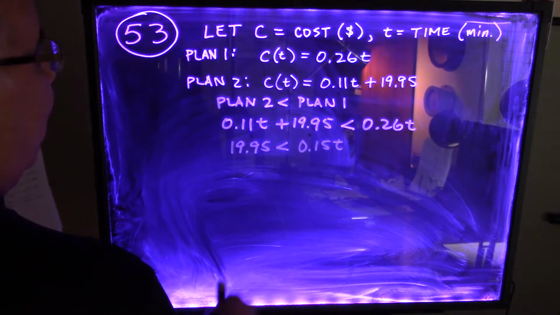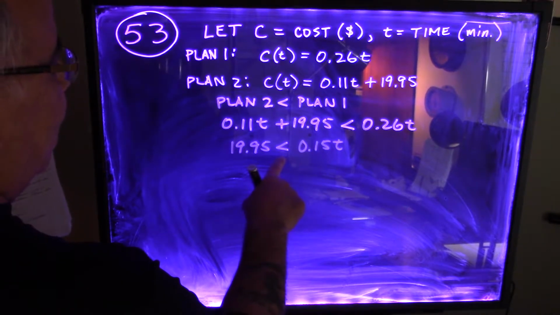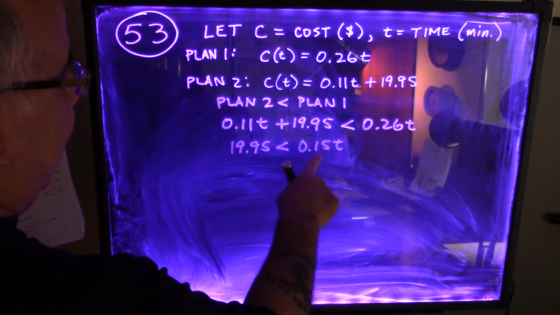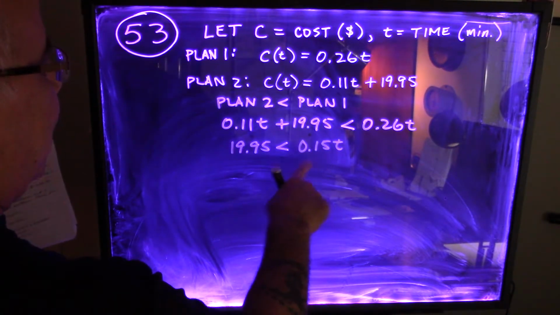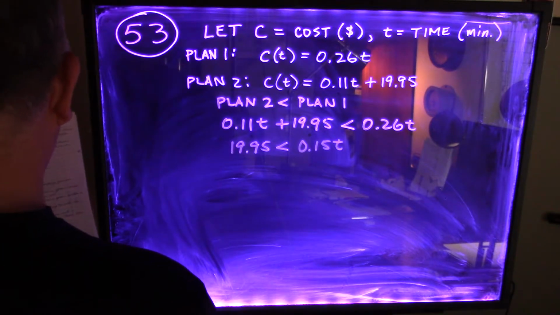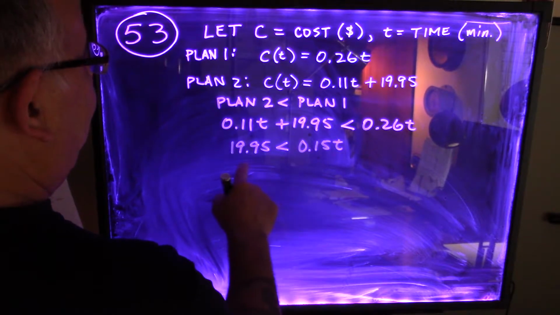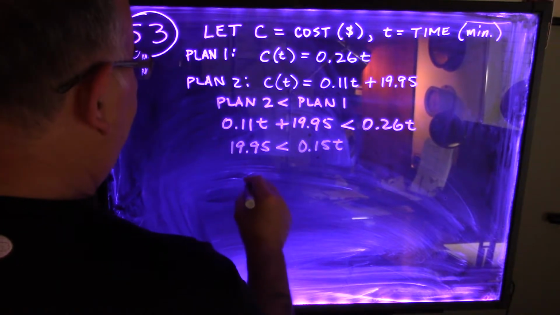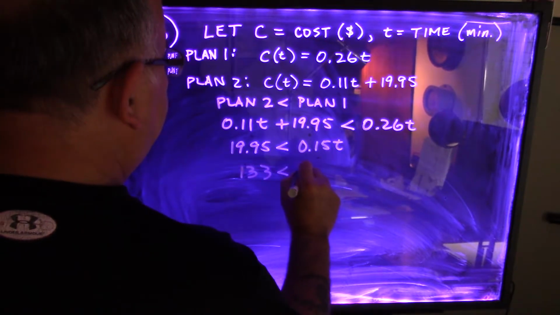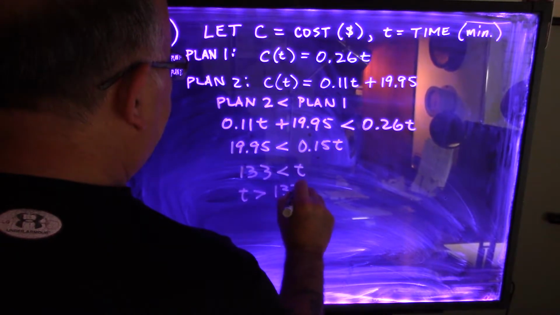Divide both sides by 0.15, and since you're dividing by a positive number, you don't have to worry about changing the direction of the inequality. If you were dividing or multiplying both sides by a negative, you would have to switch the direction of the inequality. So don't have to worry about that here. Divide both sides by 0.15 and you get 133 is less than t, or another way of putting that is t is greater than 133.